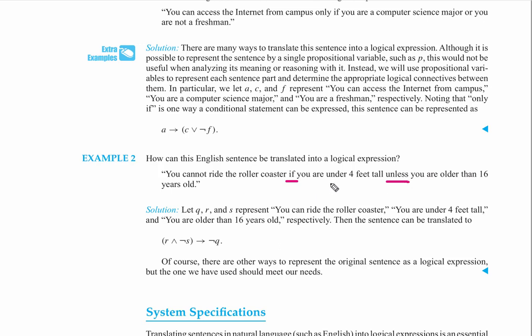So the problem is if you're under 4 feet tall and you're younger than 16, then you can't ride the roller coaster. So this unless means really and not. And you're not older than 16, that's the problem.